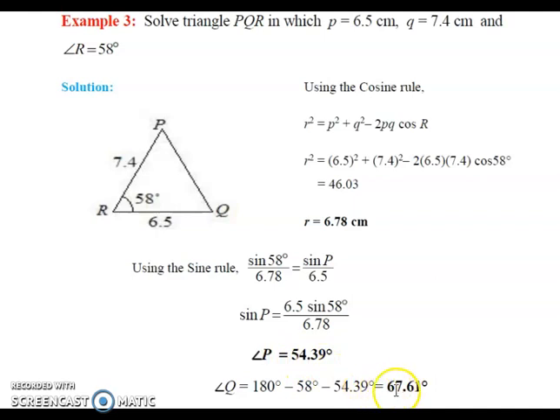From this we will get 67.61 degrees. Now observe, we know all three sides P, Q, R and all angles capital P, capital Q and capital R. This is the way to solve the triangle by using the law of cosines.